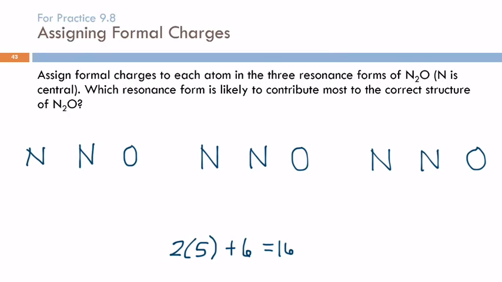So 16 electrons. So I have to put single bonds. There's 2, 4, 6, 8, 10, 12, 14, 16. We need multiple bonds. Well, this nitrogen's happy, so we're going to make him share.